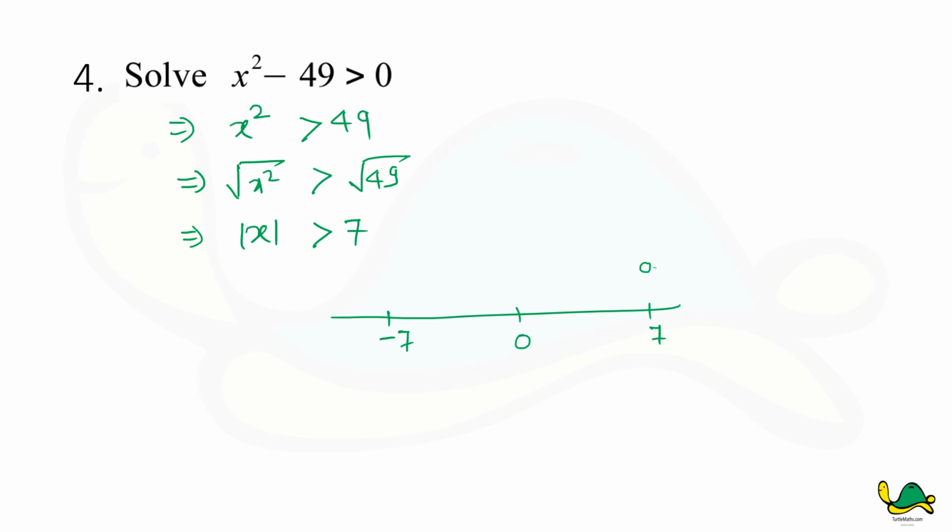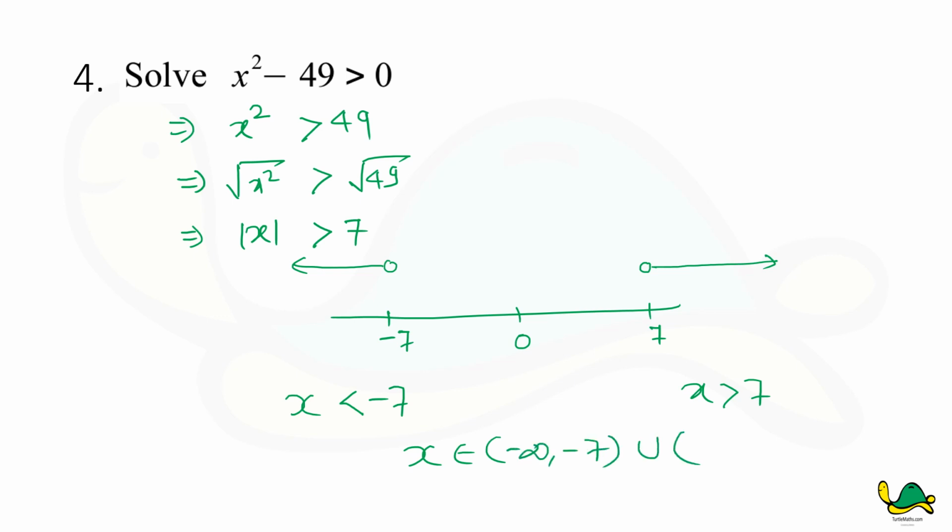So it means we want my x to be more than 7, or we want our x to be less than negative 7. Hence, my answer is x is either less than negative 7 or x is greater than 7. So x is an element of negative infinity to negative 7 union 7 to infinity.